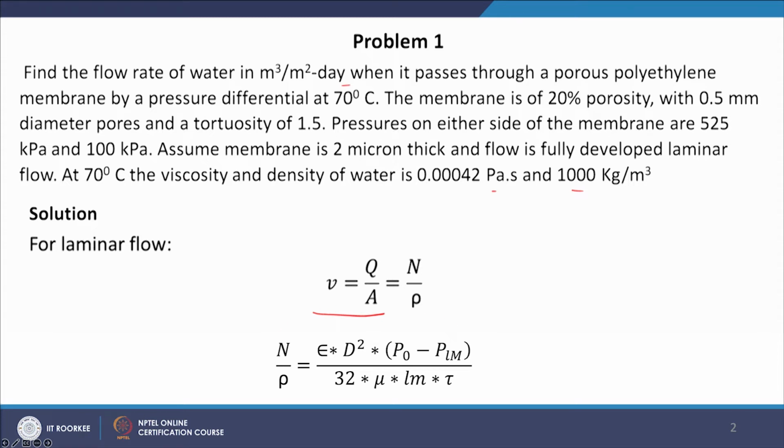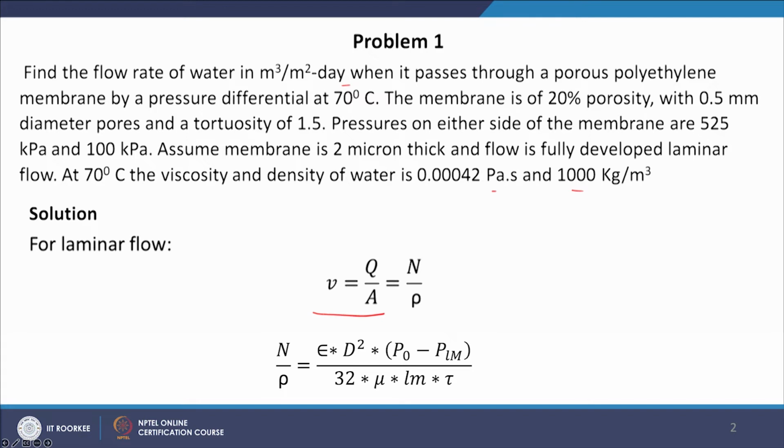Now, N by rho is equal to these expressions we have discussed in the previous class, where E or epsilon is the porosity, d is the diameter of the pore, P O is the pressure on one side and P L M is the other side pressure, and 32, and then mu the viscosity of the water, L M is the thickness of the membrane layer and tau is the tortuosity.